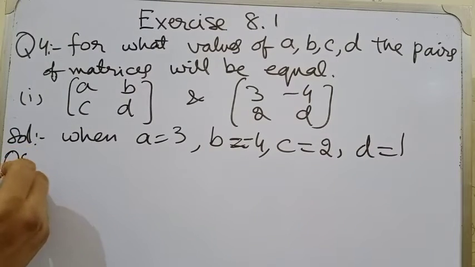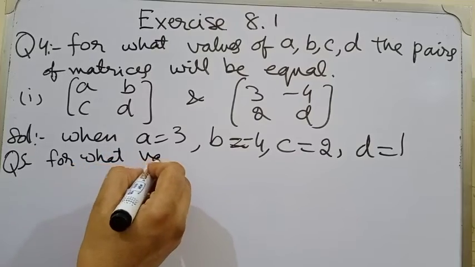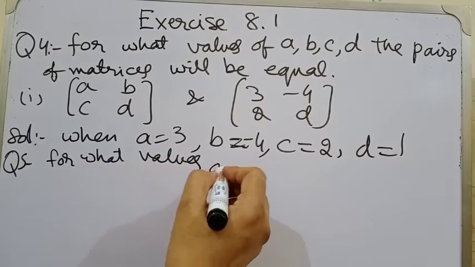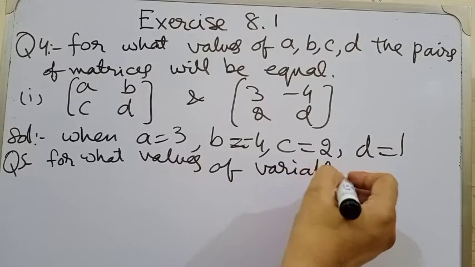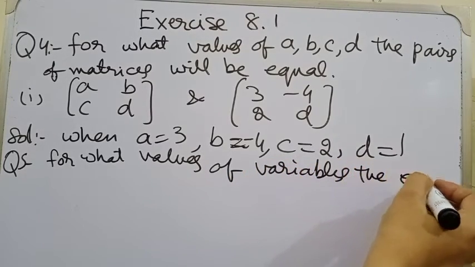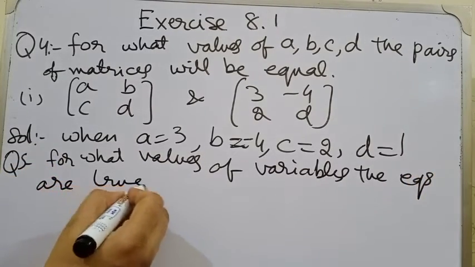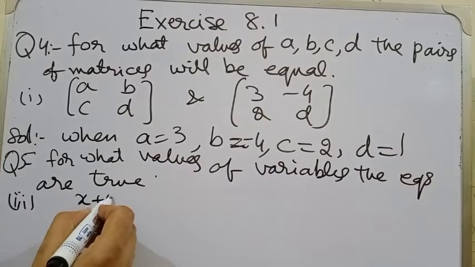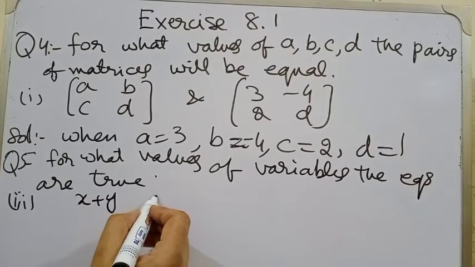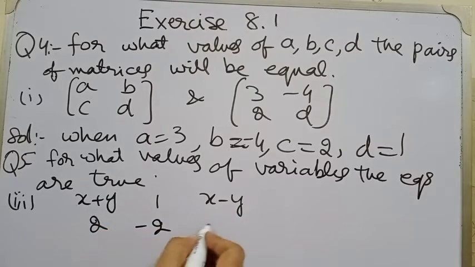Question number 5, for what values of variables are the equations true? Third part of question number 5: x plus y, 1, x minus y, 2, minus 2 and 4.